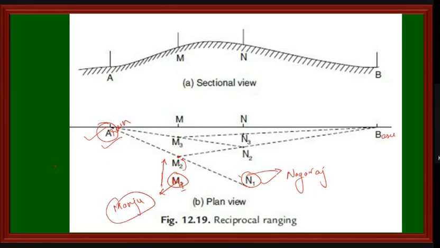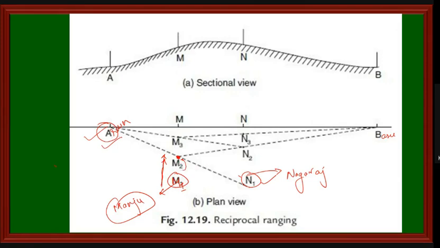Arun will tell Manjunath to move in a straight line such that Manjunath is in between Arun and Nagaraj, and he will take the second position.